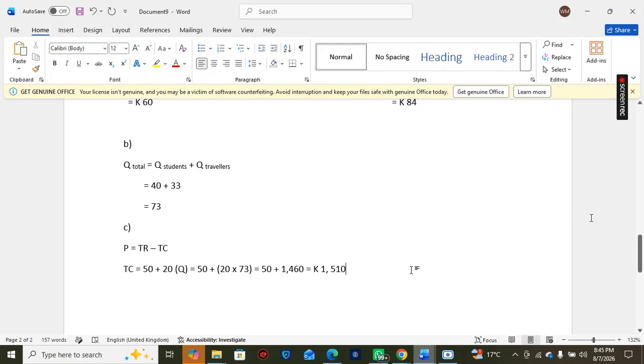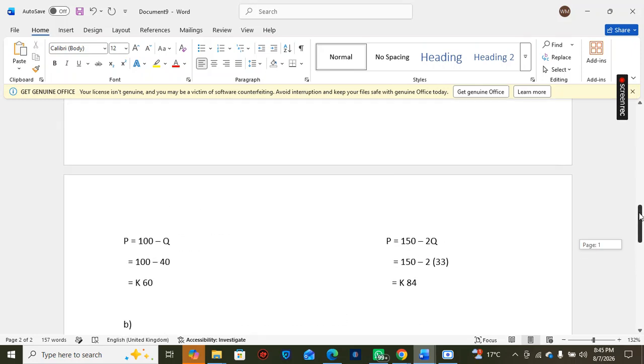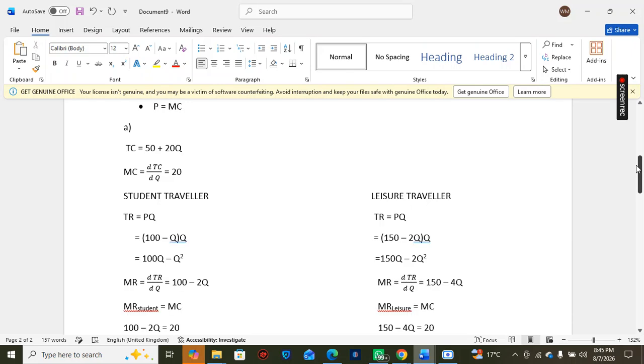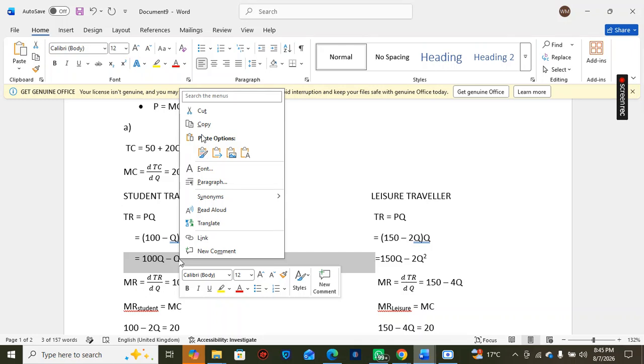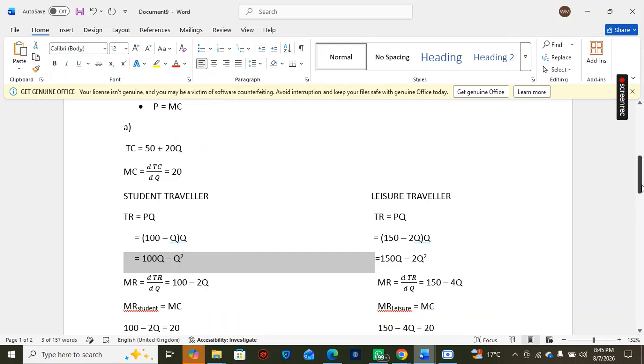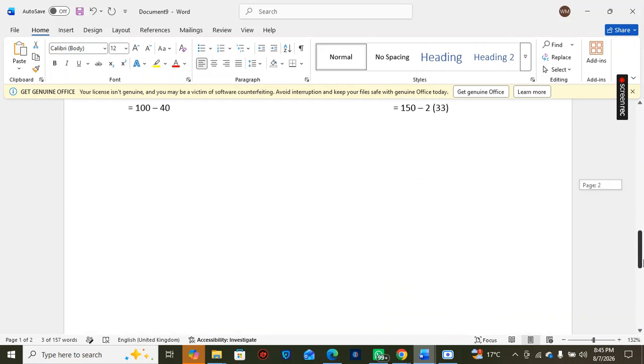Now we need to get our total revenue. So we start first, we get the revenue for the students. Remember our revenue function for the students, 100Q minus Q squared.